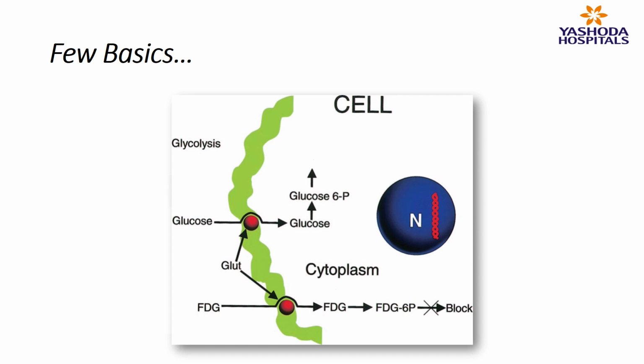So this FDG 6 phosphate cannot come out because of the lack of a significant amount of dephosphatase enzyme, and it will be trapped inside the cell, while glucose will be dephosphorylated and come out of the cell. That's how we can make a contrast between a pathological cell and a physiological cell when we are doing an FDG PET scan.